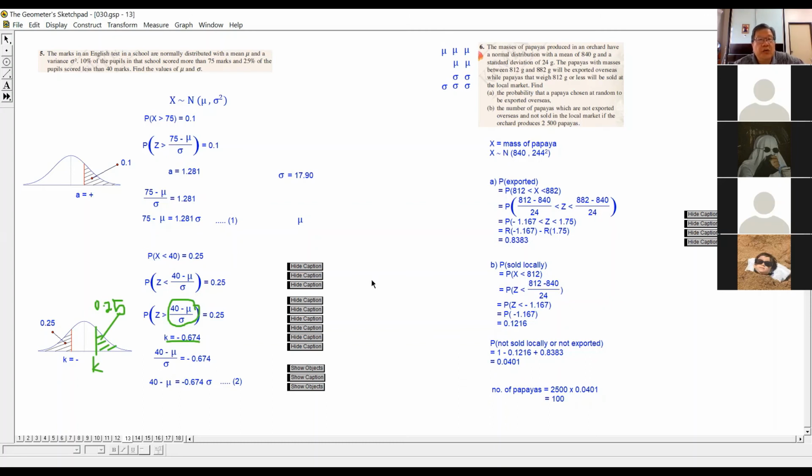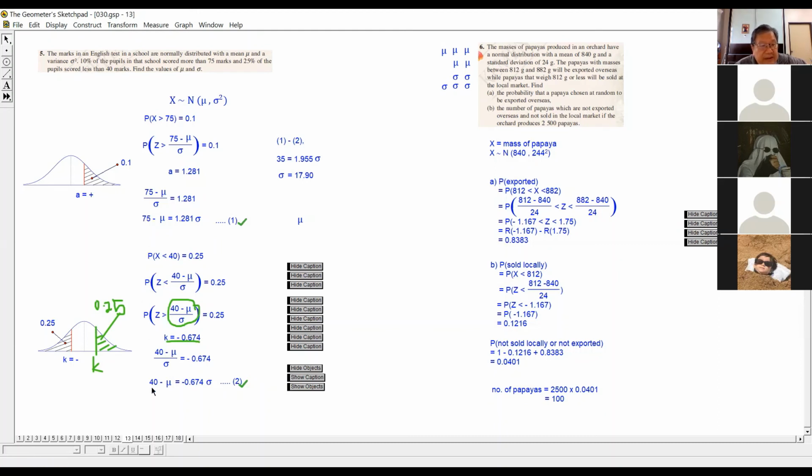So I have two equations here, equation 1 and equation 2. I try to solve the two equations. Okay, so I use equation 1 minus equation 2.